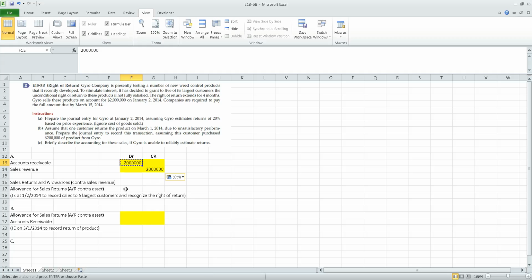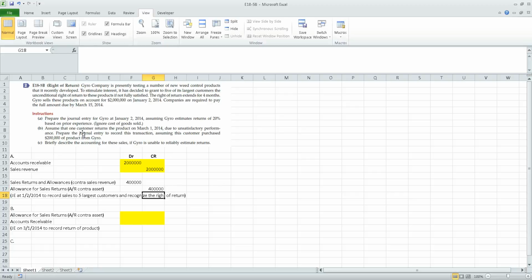So the amount of sales returns, again, that we estimated is $400,000. So we're going to prepare that journal entry. Debit sales return and allowances, that contra sales account, for $400,000, our estimated amount of returns, and credit the allowance for sales returns, which is our accounts receivable contra asset account, for the same amount.